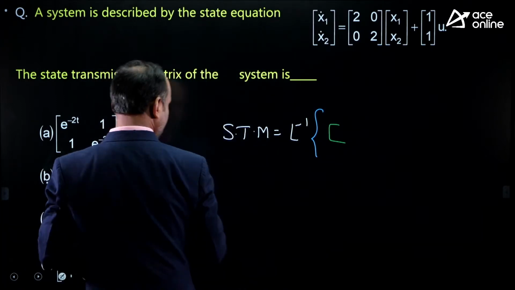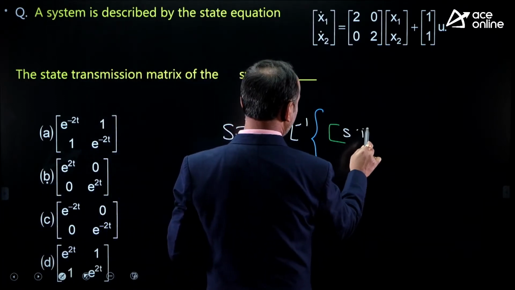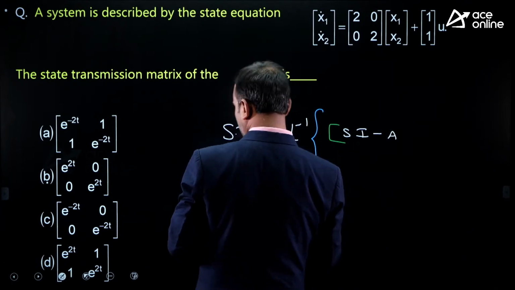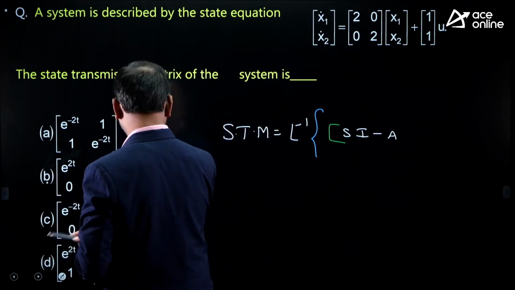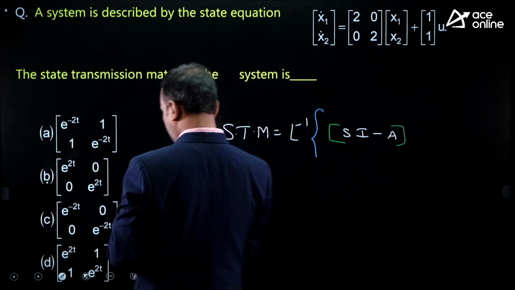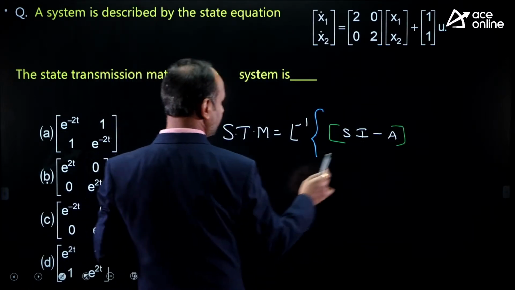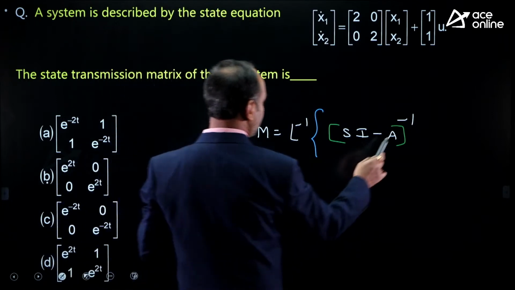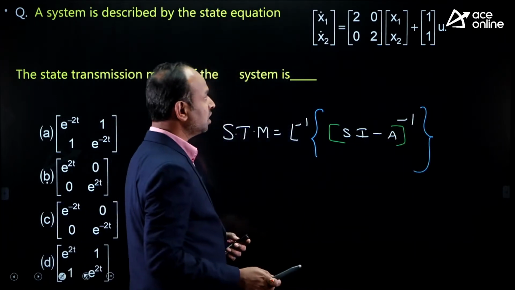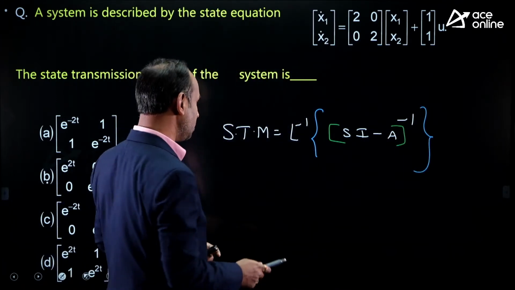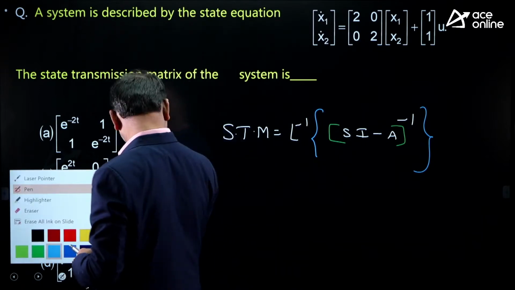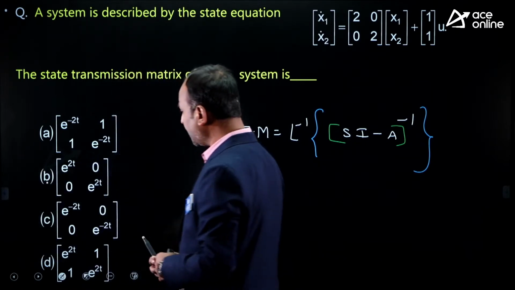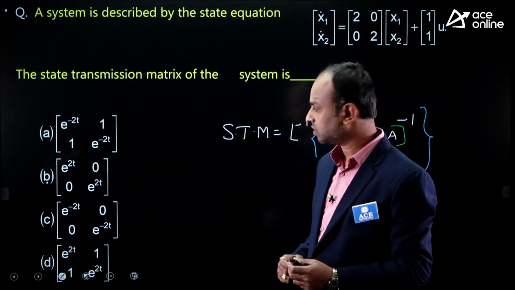This is the transfer function, okay, the state transition matrix formula. After finding it, no doubt you can solve it, and we will get the state transition matrix.